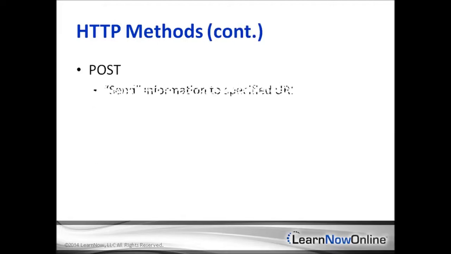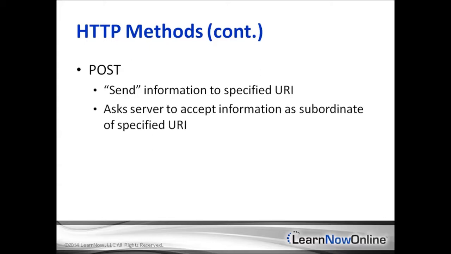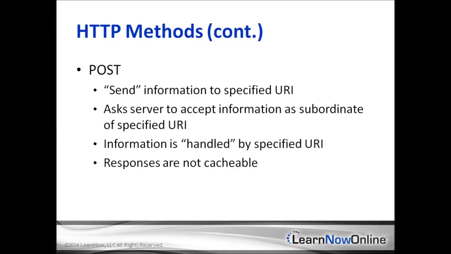Additional information, as I mentioned before, can also be passed on the query string itself. Post, okay? This is for essentially sending information semantically. Though, as I said before, I can use a GET to send information to a server as well. But as far as aligning with REST, when I do a post, I'm actually sending information to the server. It is asking the server to take information that's based upon a certain URI, and then that information is contained inside the body of the request.